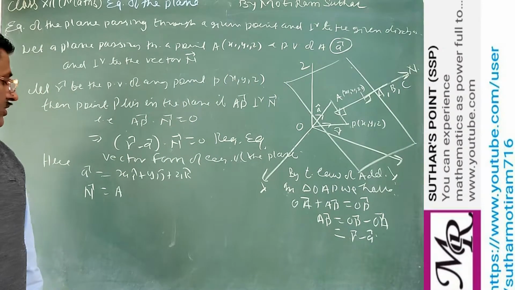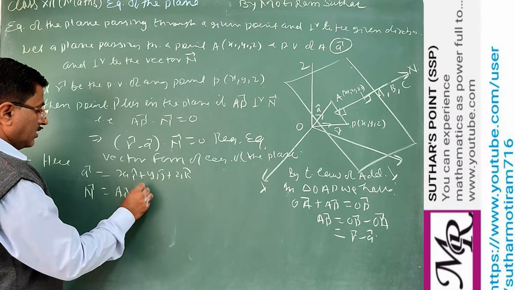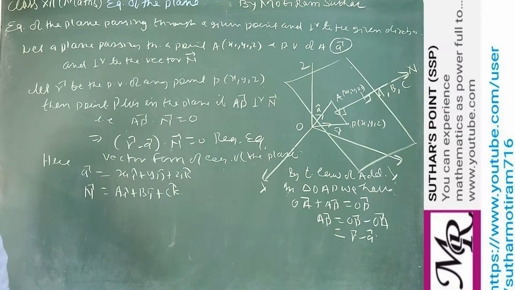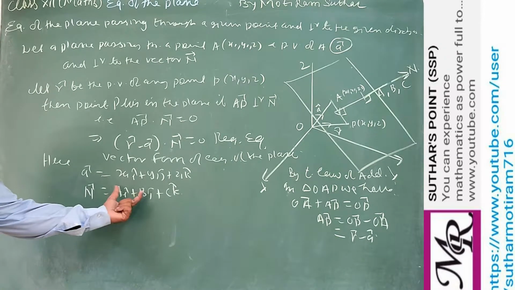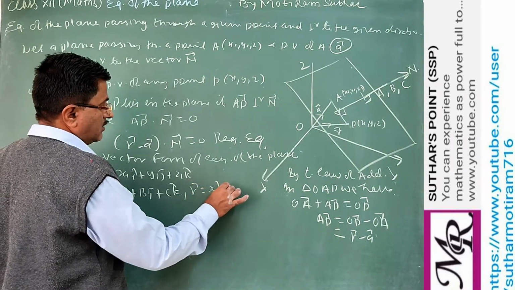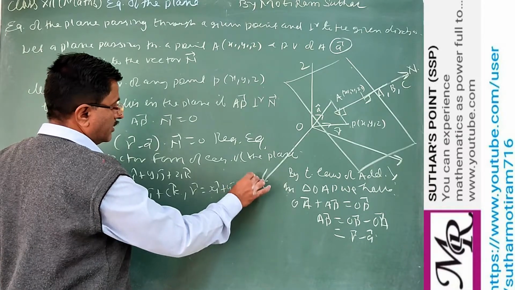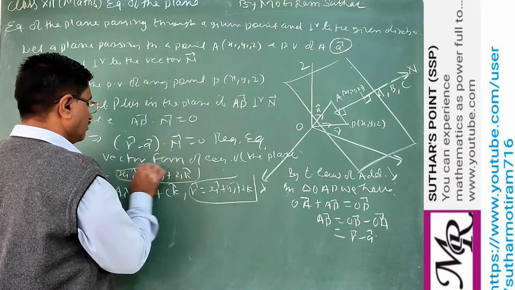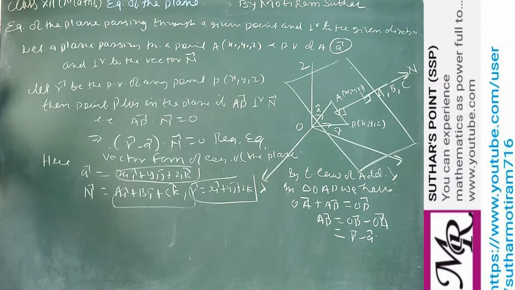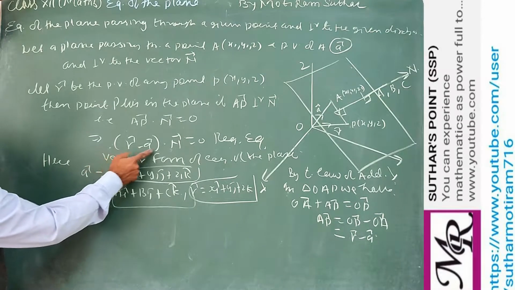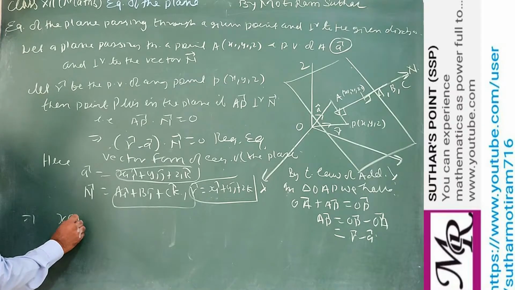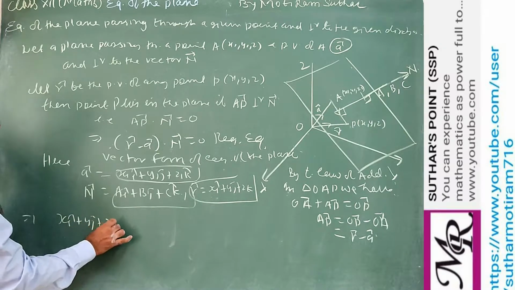So the vector can be written as A i plus B j plus C k. This is the normal vector n. Now these values we have to put, and r we already know, r equal to x i plus y j plus z k. So all these three we have to put in this equation and simplify. Therefore, what we get: vector r minus a dot n. So r means this value, you can write x i plus y j plus z k.